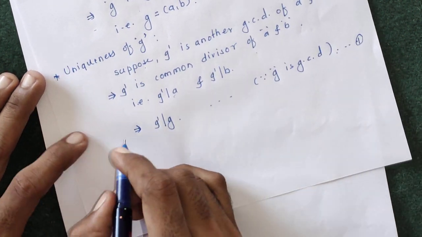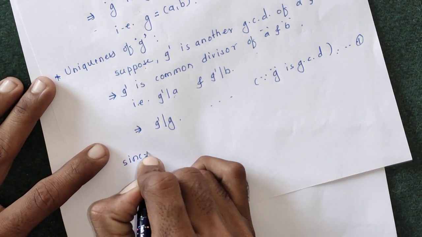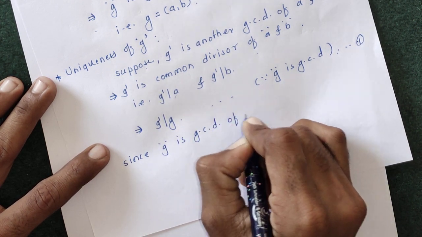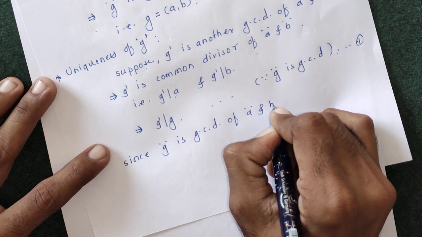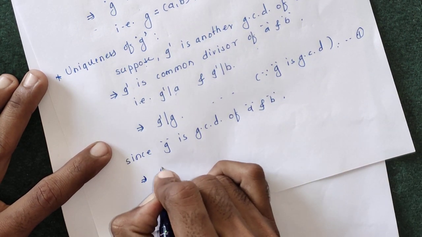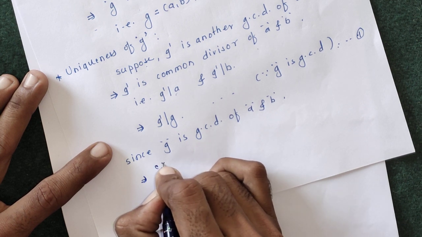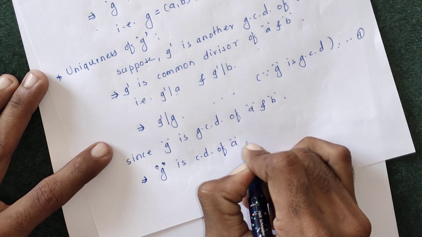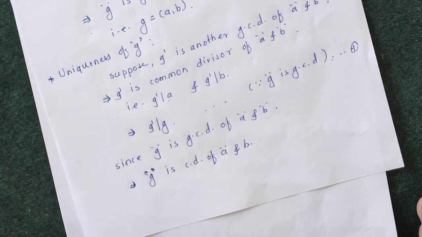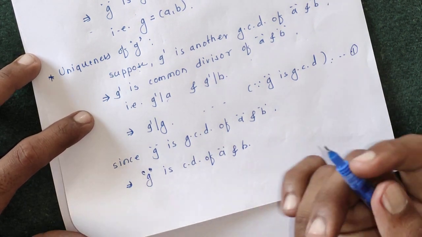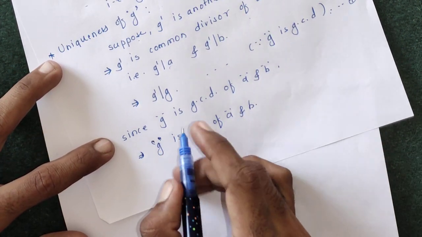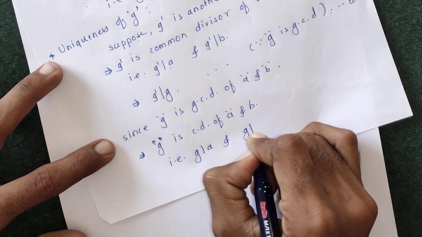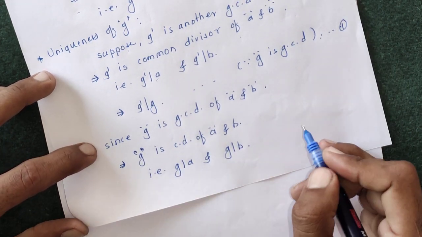Now, since g is the GCD of a and b, g is a common divisor of a and b. Every greatest common divisor is first of all a common divisor, that is, g divides a and g divides b.